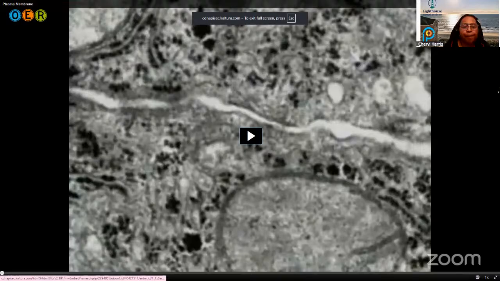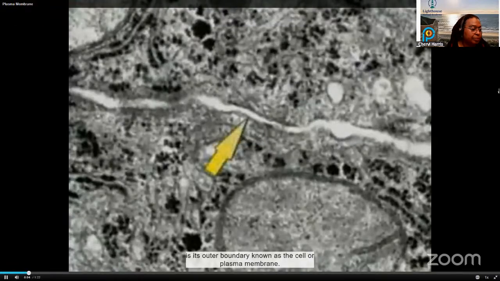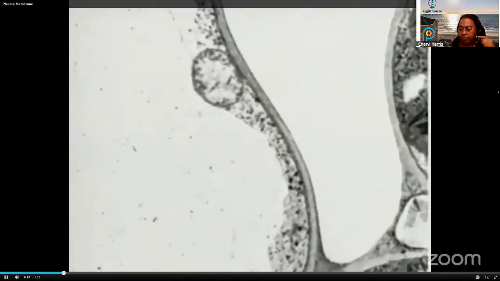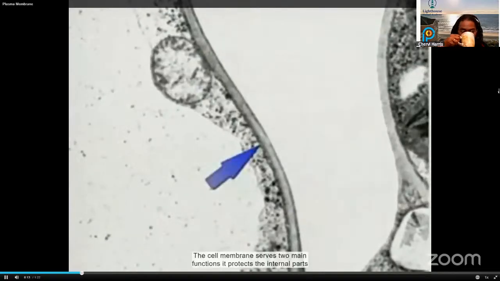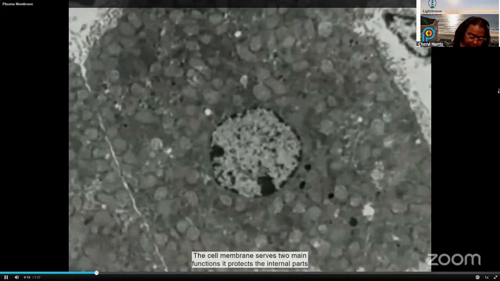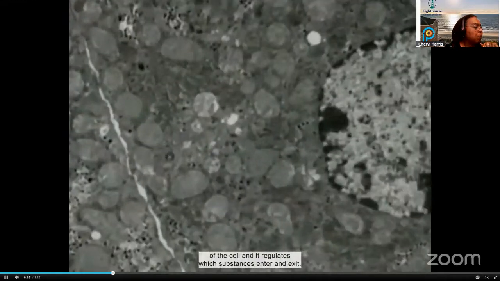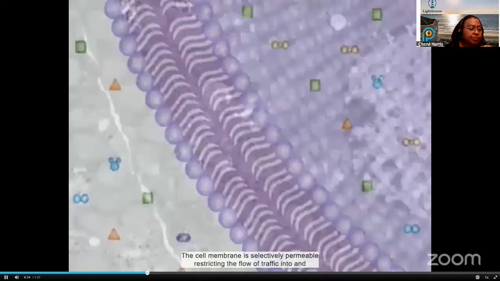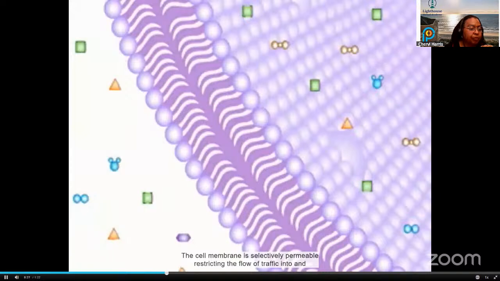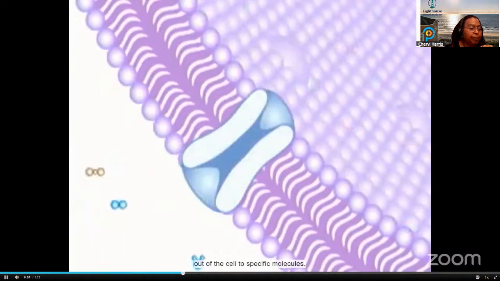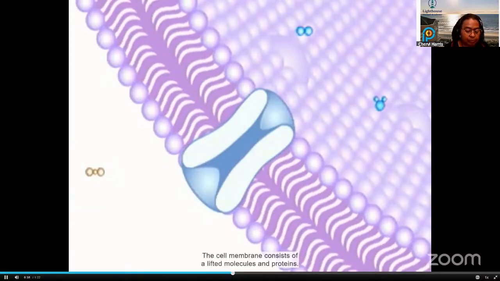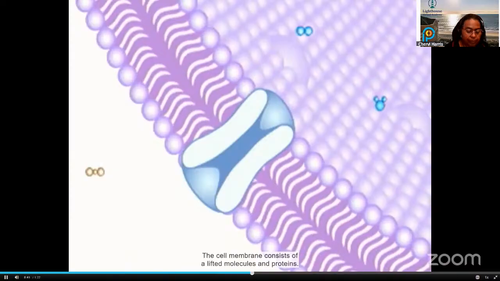One of the most important and complex structures of the cell is its outer boundary, known as the cell or plasma membrane. The cell membrane serves two main functions. It protects the internal parts of the cell, and it regulates which substances enter and exit. The cell membrane is selectively permeable, restricting the flow of traffic into and out of the cell to specific molecules. It, in essence, acts as a gatekeeper. The cell membrane consists of phospholipid molecules and proteins.